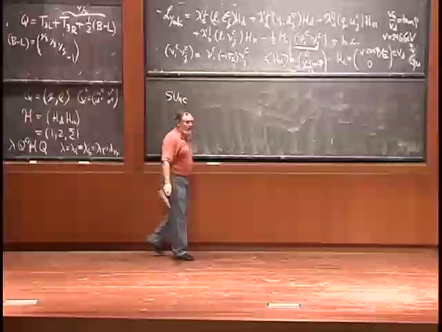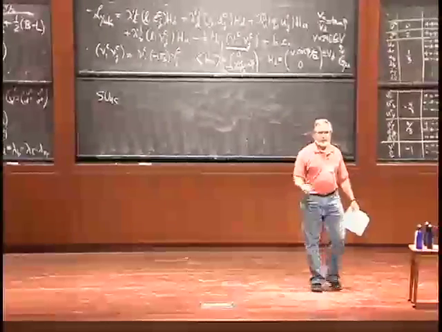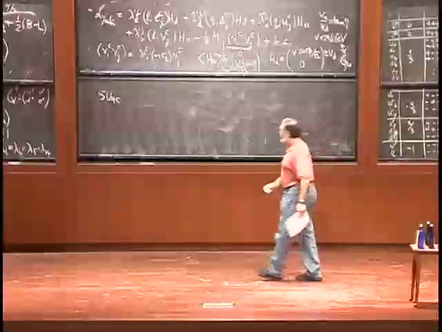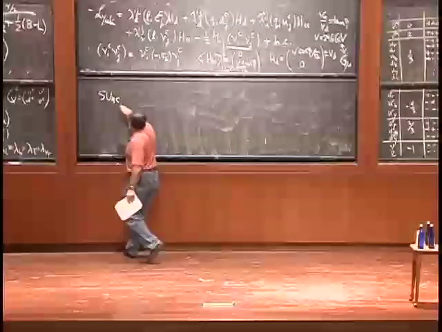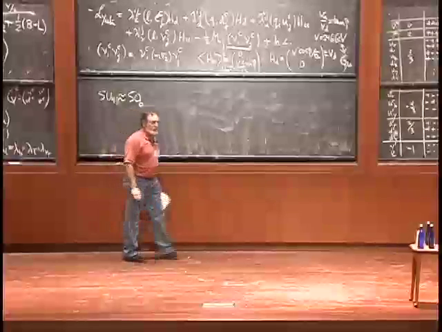This is SU4 Pati-Salam. Well, SU4 is homomorphic to SO6 as a group statement. So those two symmetries are related.